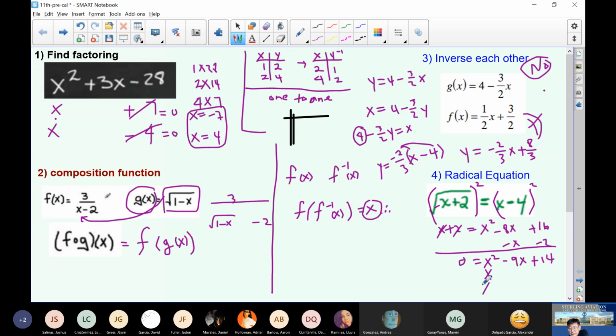Now you can do factoring. What times what is x squared? I mean, x times x is x squared, right? What times what is 14, adding to 9, which is 7 and 2, right? So when you do this, you have this, right? Oh man, I need space. I'm going to go down a little bit, guys.